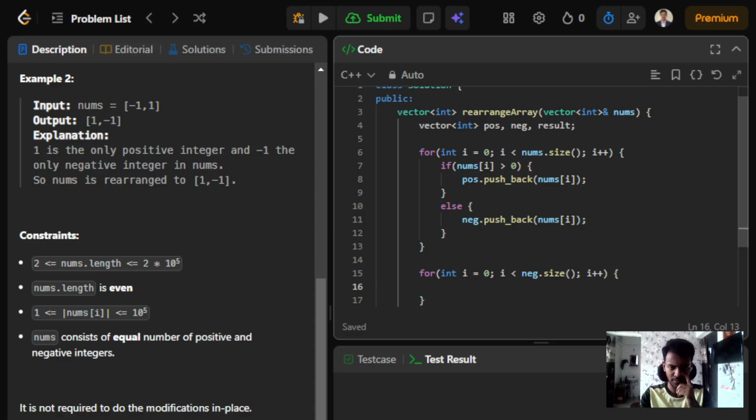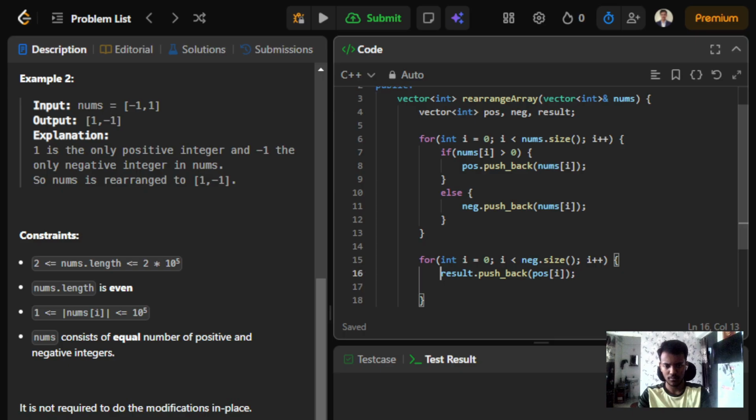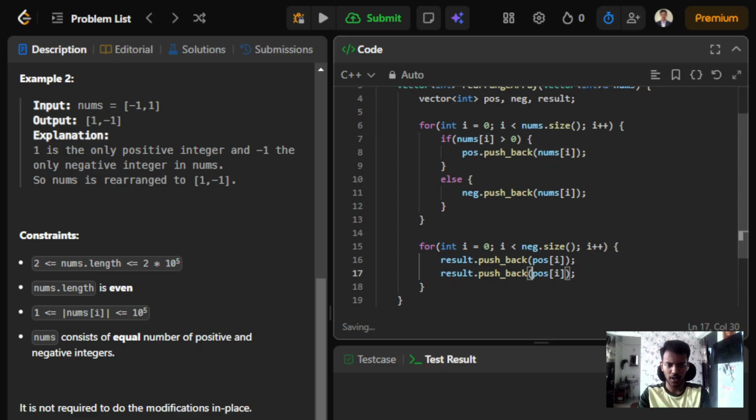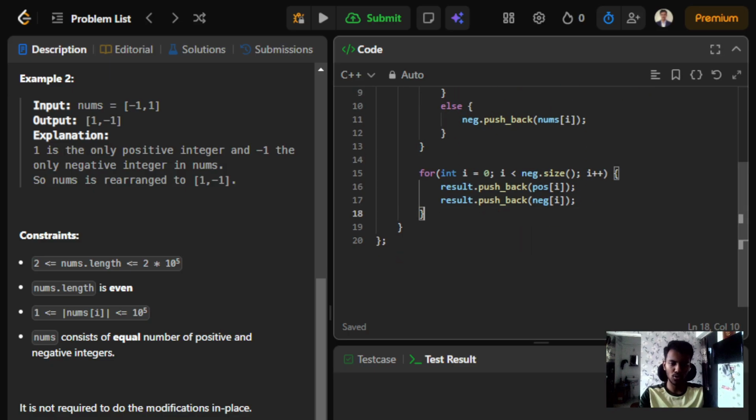And then what we'll do is result dot push back, first the positive i and then the negative i, right? First we'll push the positive element and then we'll push the negative element, and then we'll return the result after this loop ends.